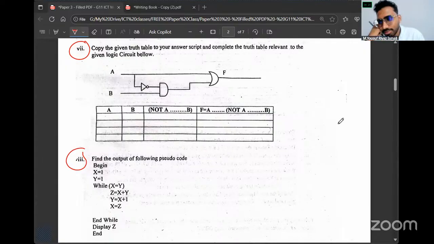Depends on the question number. Those who are done, you can raise a hand in Zoom.